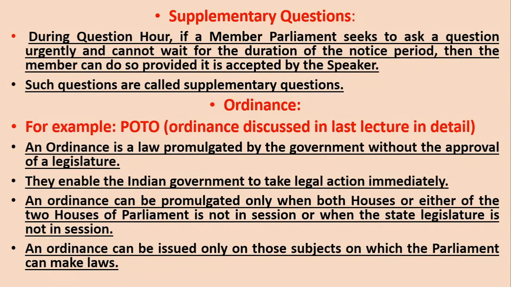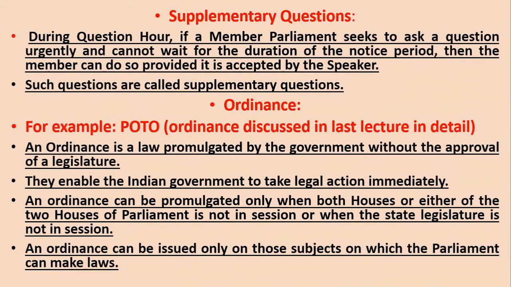It was called POTA. So, what is an ordinance? An ordinance is a law promulgated by the government without the approval of the legislature. When it is announced, when it is framed, at that time it is not approved by the legislature; only the president announces it.